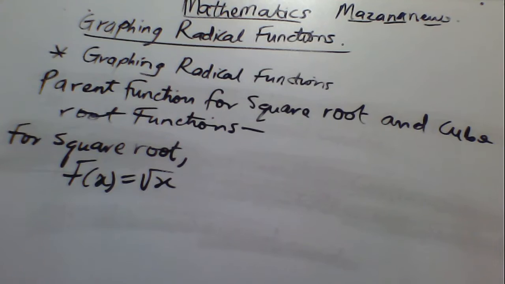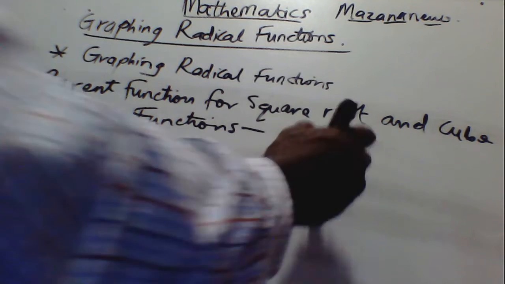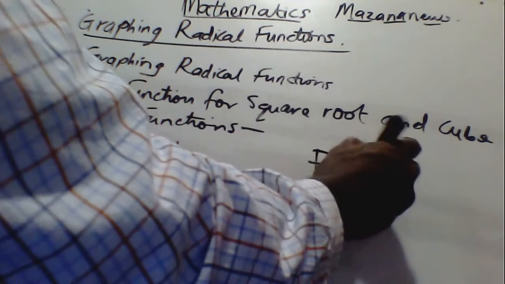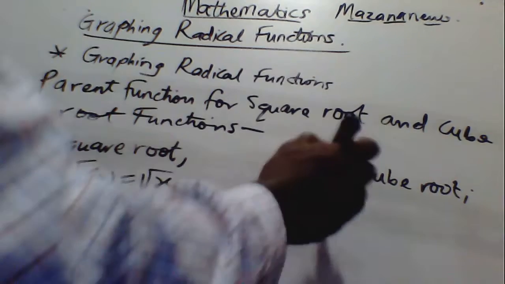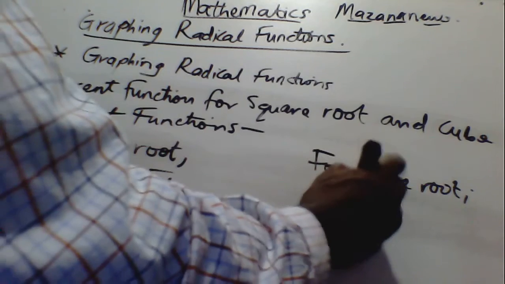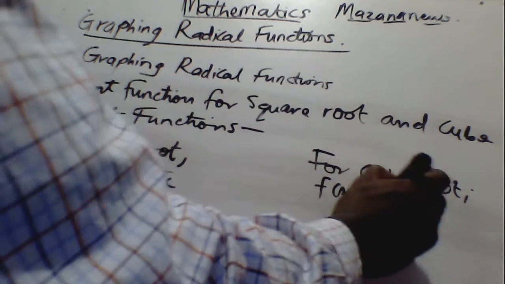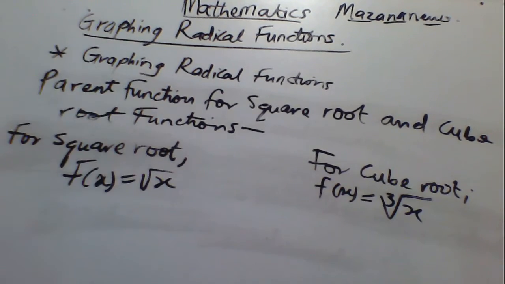This is the parent function for square root. The parent function for cube root is f of x equals the cube root of x. So I hope you are following.